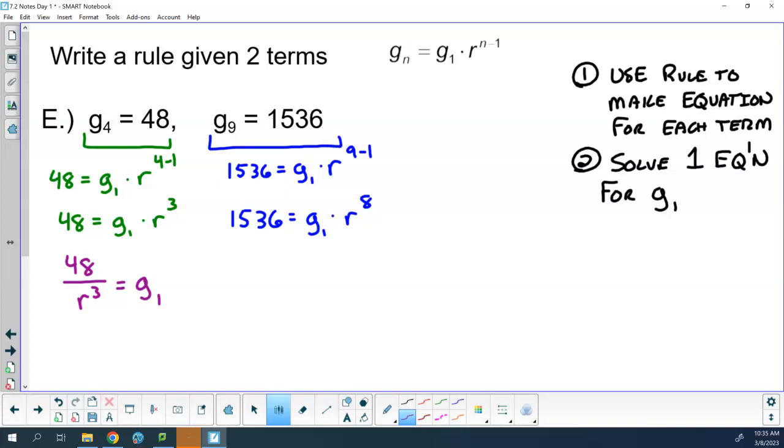That should take literally 10 seconds. It'll probably take you longer to write it than the thought you actually use to divide by whatever r is.